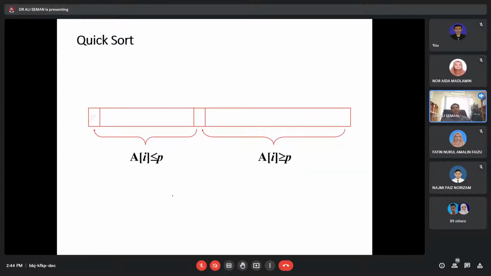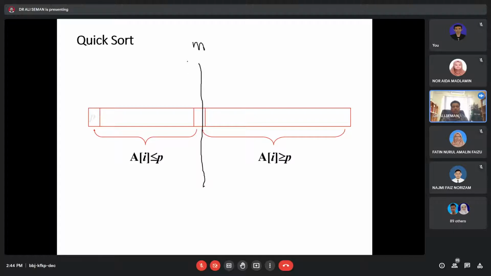Another algorithm, quicksort, uses this design technique for sorting. Just now for brute force, we had bubble sort and selection sort as examples. But for design technique 2, we have quick sort. In quick sort we have what we call the pivot. The pivot is the initial partition. For binary search we had M, the middle value, but here it is the pivot, and we have to find the final pivot position.